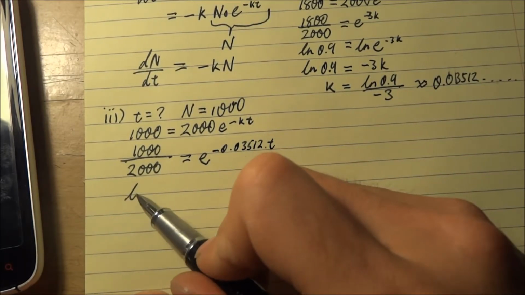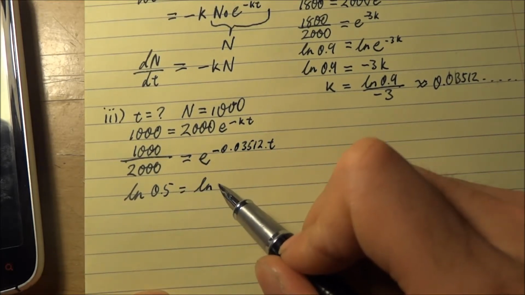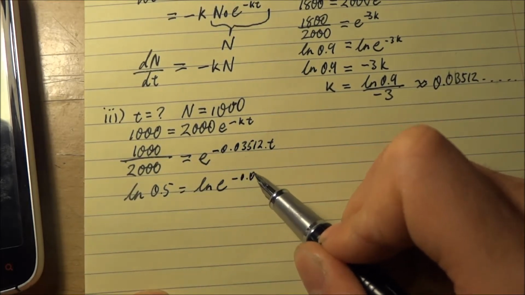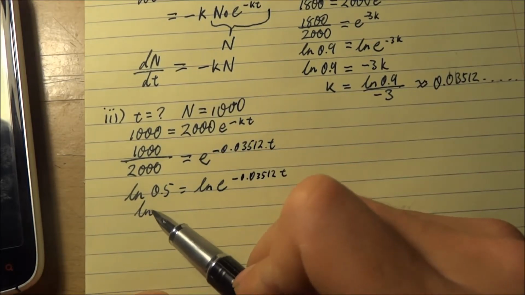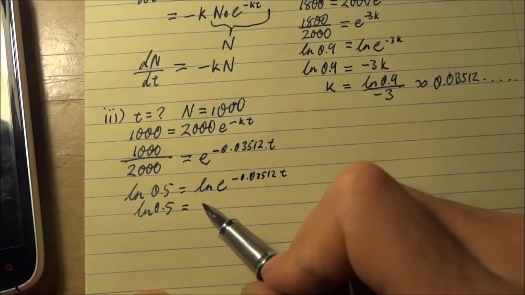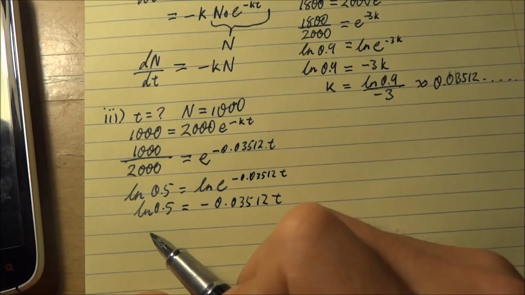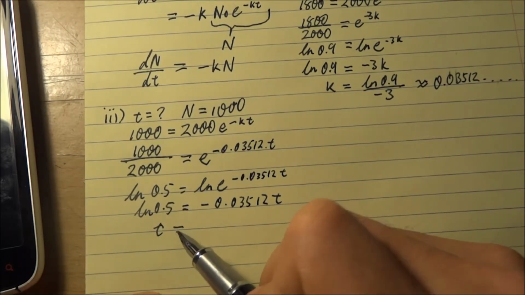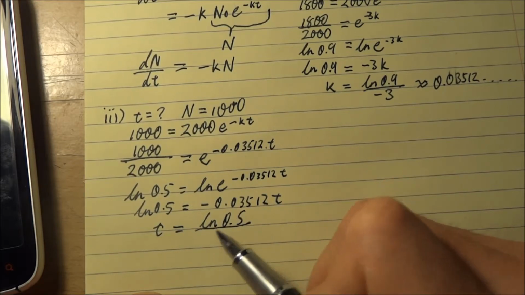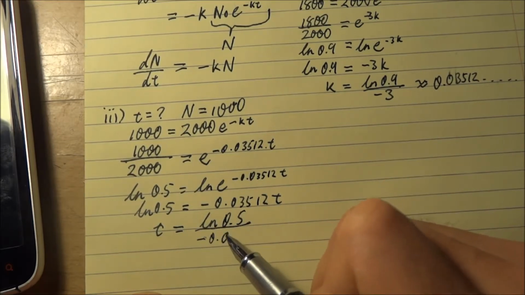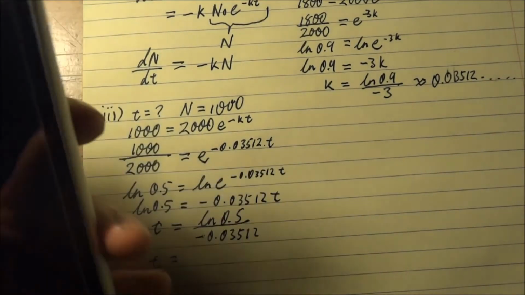And again, we just log both sides: log 0.5 equals log e to the power of minus 0.03512t, so log 0.5 equals minus 0.03512t, and we have t equals log 0.5 over minus 0.03512.